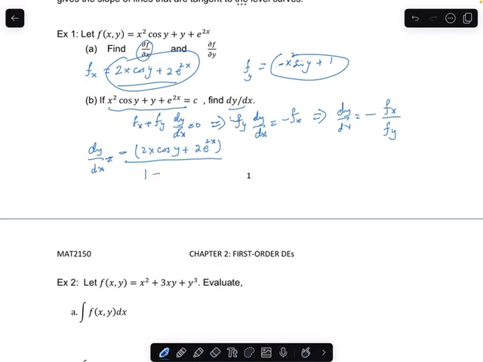So let me write it like 1 minus x squared sine of y.